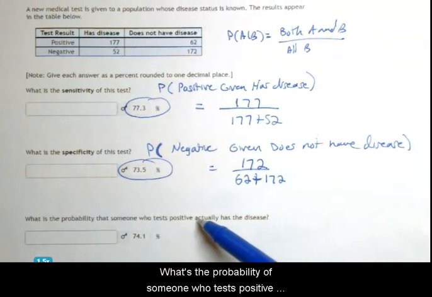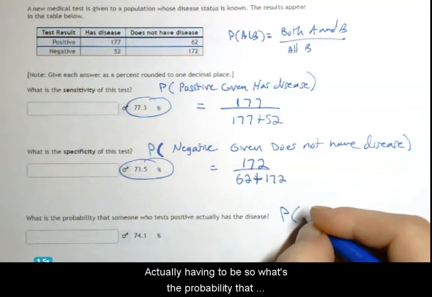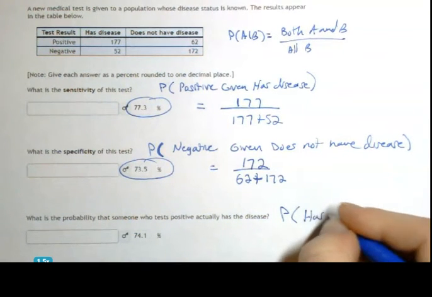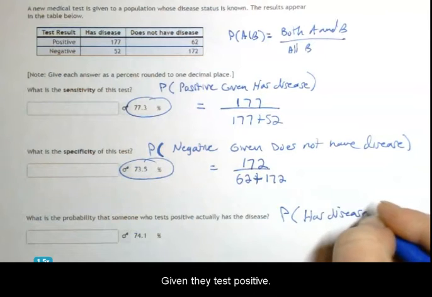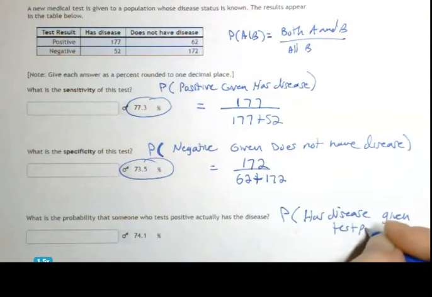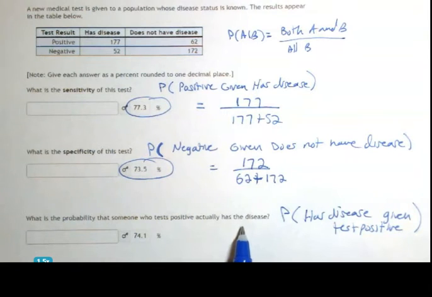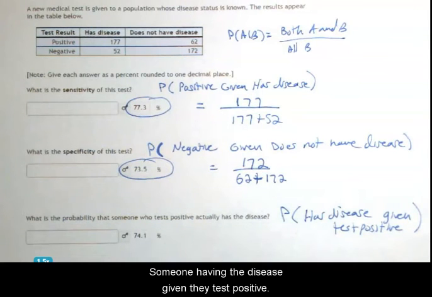What's the probability that someone who tests positive actually has the disease? So what's the probability that they have the disease given they test positive? Someone testing positive, someone having the disease given they test positive.